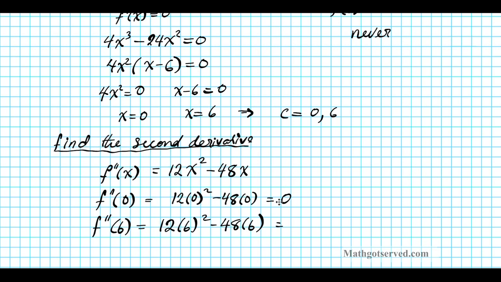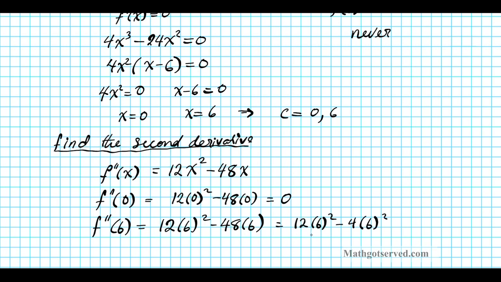Well, since we just want to find the sign, I can write this as 12 times 6 squared, and then I can factor out a 4 from this 48, so this becomes minus 4 times 6 squared.